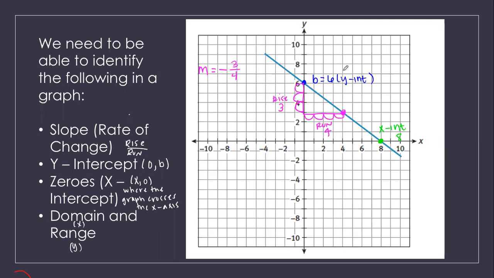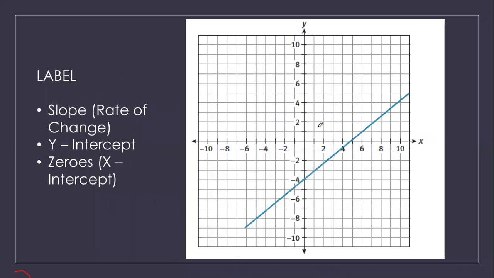We're not going to do the domain and range because I didn't put solid dots or closed circles, or open circles, on here. So this is the big thing. This is what I want us to be confident about. So go ahead and look at this graph, study it real quick.